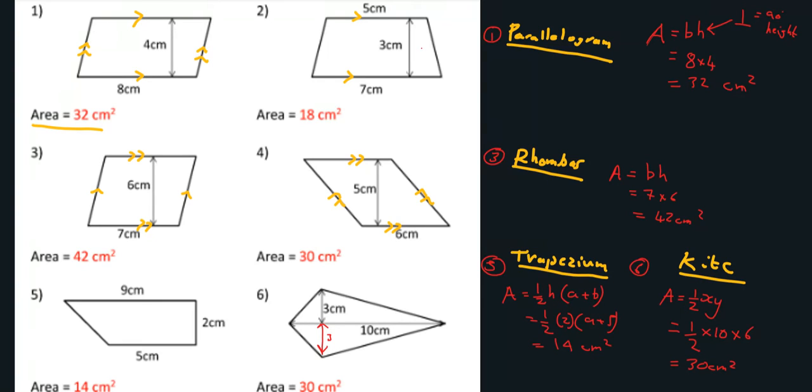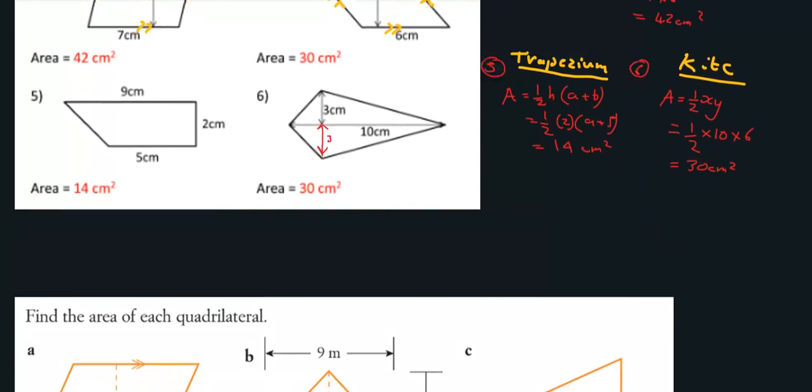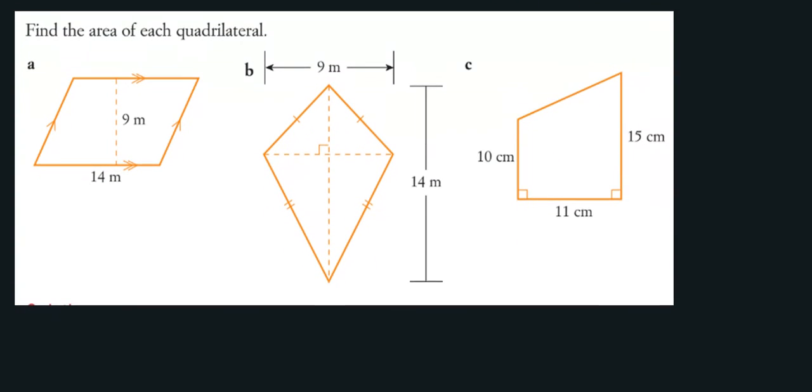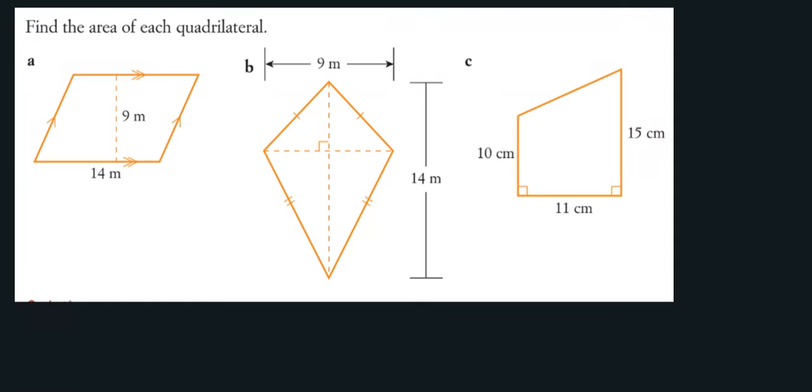Now you are good at doing this one, and see if you can get the correct answer. Okay, so hopefully you've done that now and you've got your correct answers. And we've got some questions here.